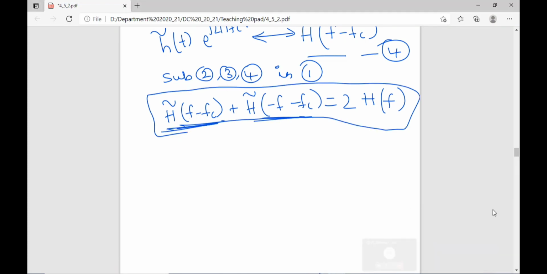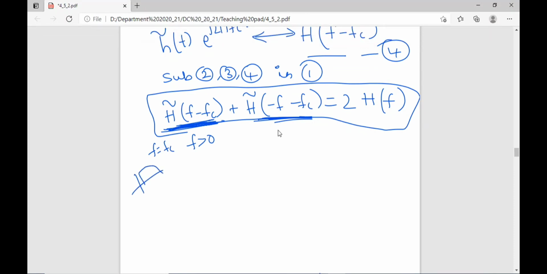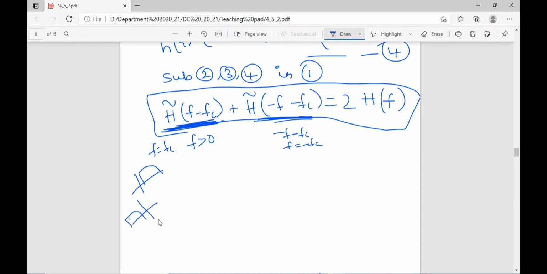So this is what you have got, 2 h of f, but I want it only for the positive frequencies. Now tell me which spectrum will represent the positive frequencies, this one or this one? First one, ma'am. First one is f greater than 0. So f is equal to fc means you will have it at fc. This is minus f minus fc, so f will be equal to minus fc. So you'll have the negative frequencies, and I don't want negative frequencies, I just want the positive frequencies.